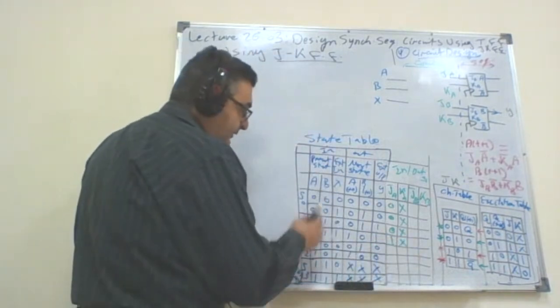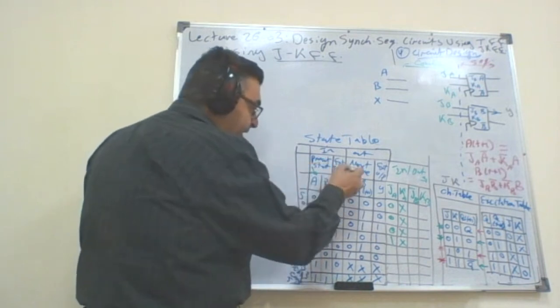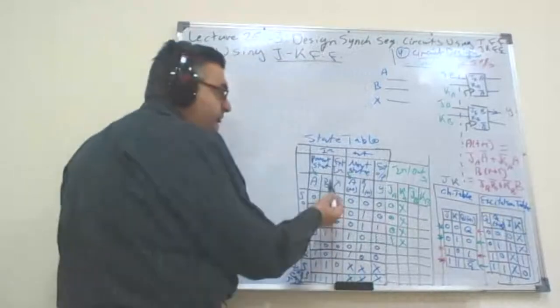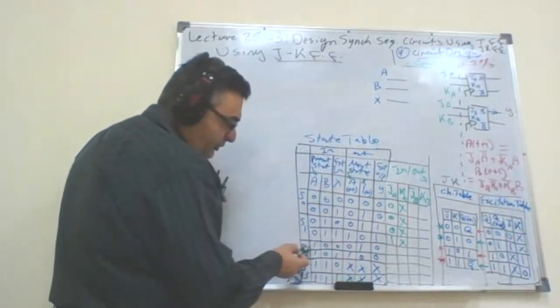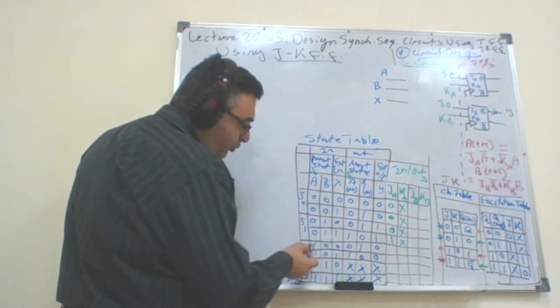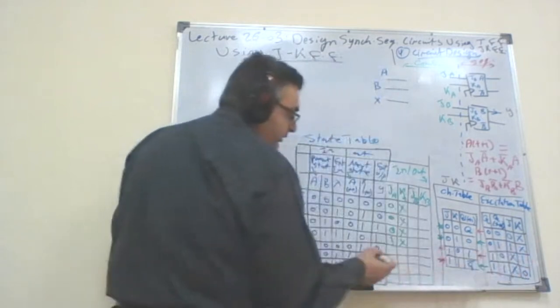Next, so you know where I'm looking at? I'm looking at A and A of T plus 1, which are representing Q and Q of T plus 1. And I'm deriving for JA and KA. In this row, I have 1 here and I have 0. 1 and 0 from the table here means X and 1.